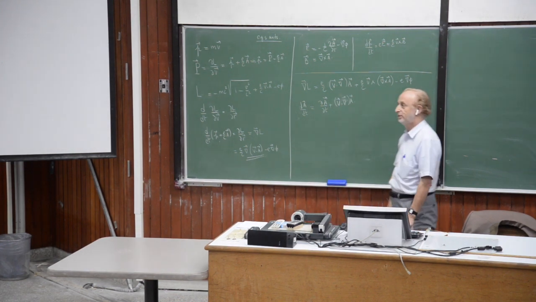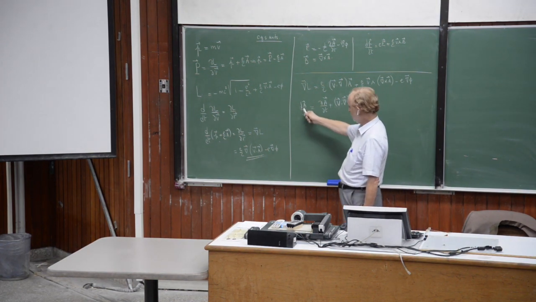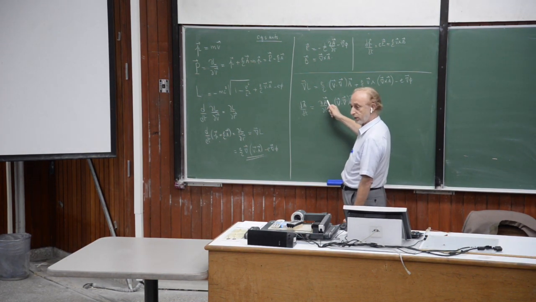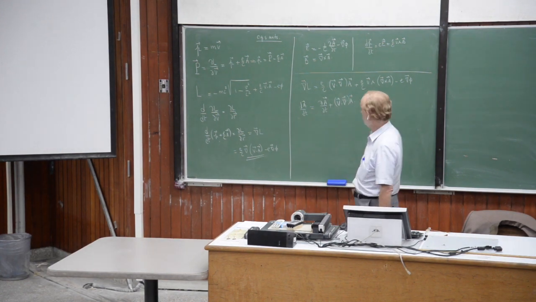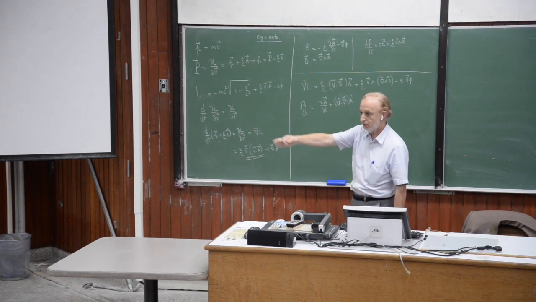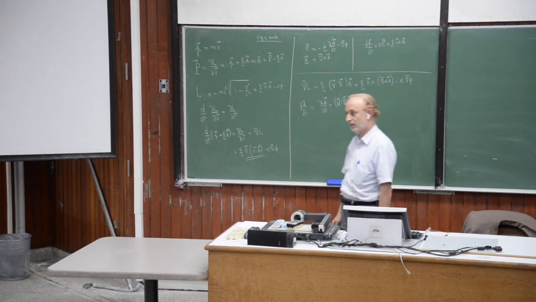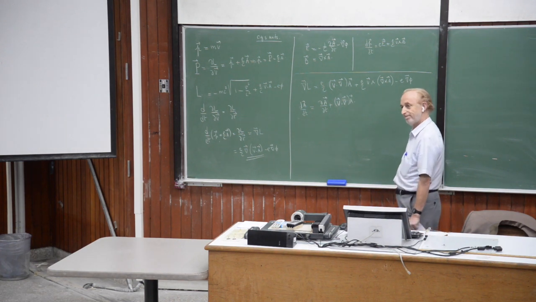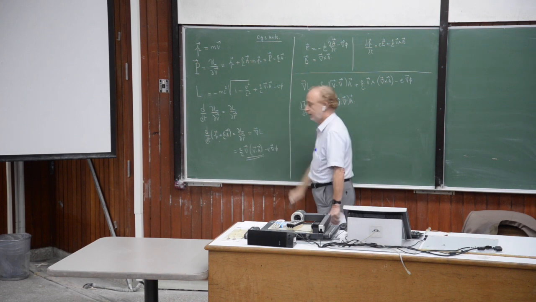Okay? You can write it in component form. The total derivative of A can change because of two things. It can change because it is intrinsically changing with time, or it can change because it's changing on the particle trajectory. Okay? So, if I substitute this thing in here, what will happen?